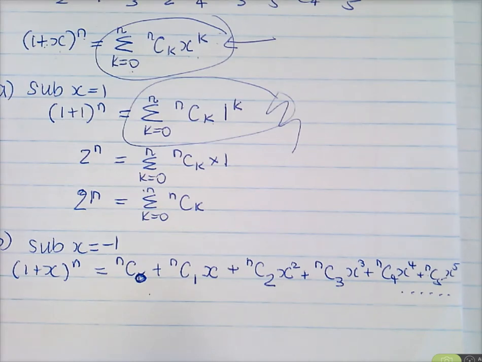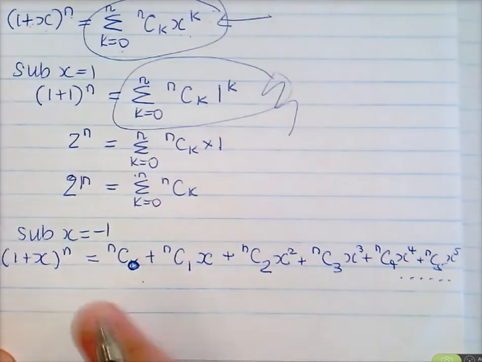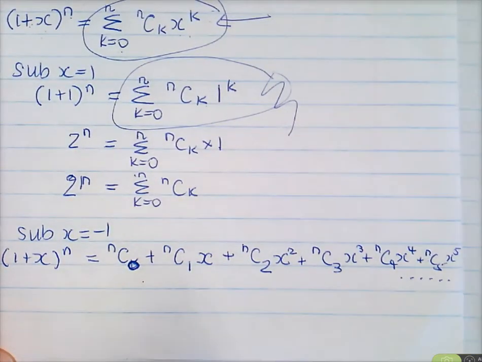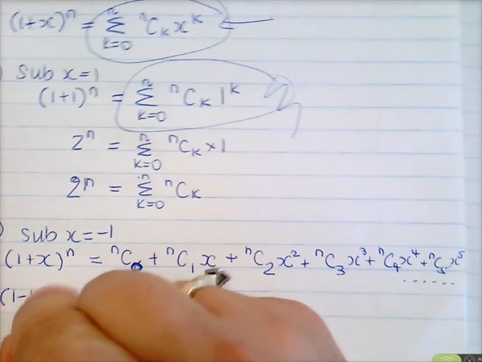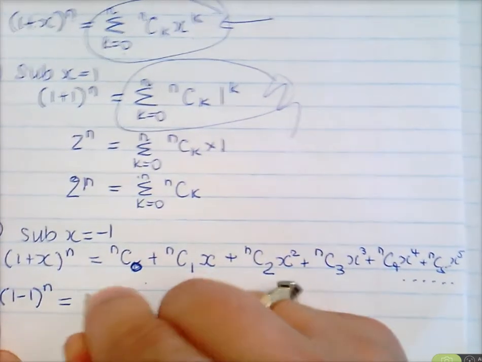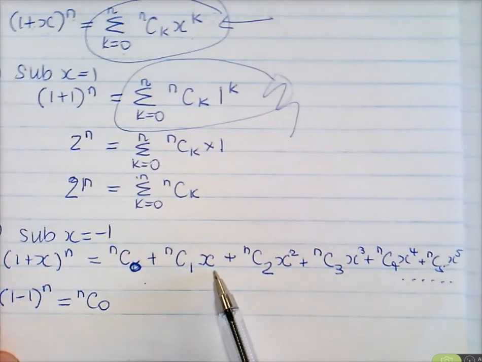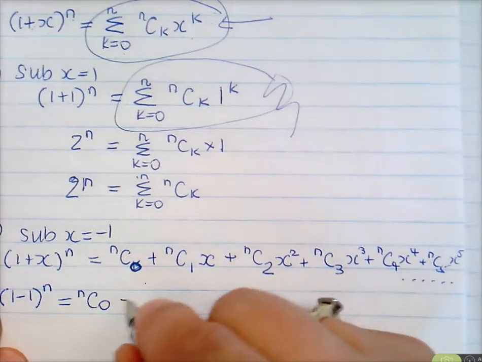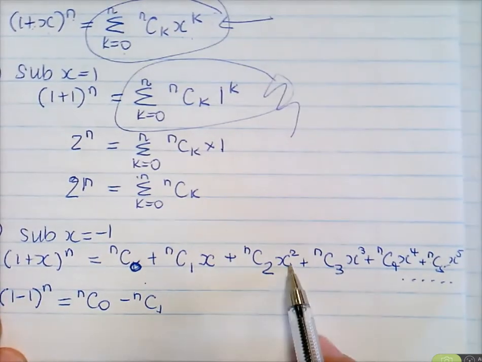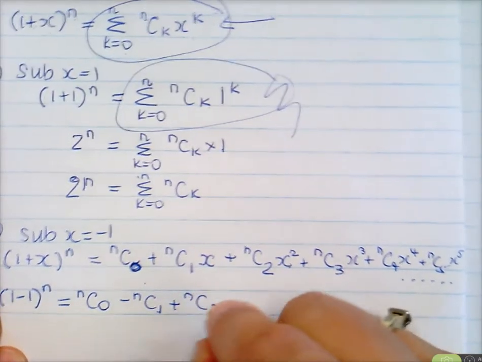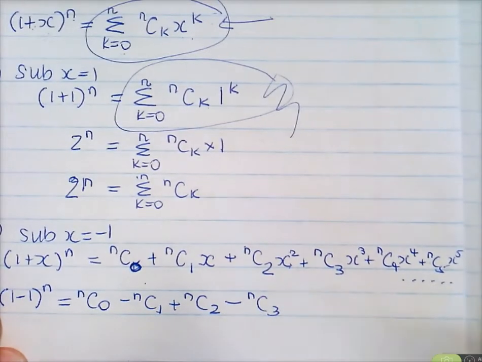Okay. Now, substitute x is -1. What do you get? So I'm just going up to there, dot. I can stick the last term in, but I'm not going to bother because they haven't got it there. The last term would be nCn, x to the n. All right, so you substitute x is -1, and what do you get? 1 minus 1 to the n equals nC0. What would you get if x is -1 here? Minus nC1. Plus nC2. Minus nC3.